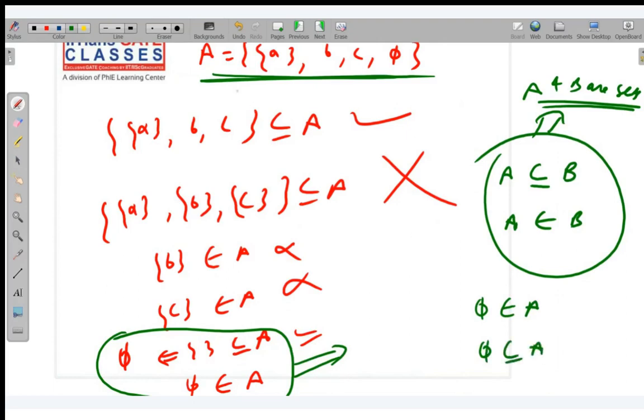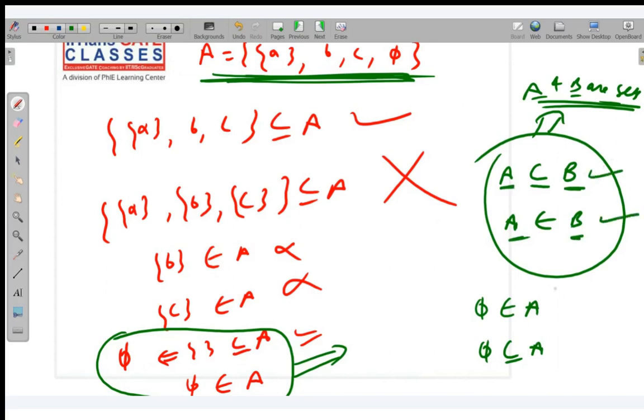See this. I have said A and B are sets. I have not said they are non-empty sets. I have said they are sets. No problem. So here 5 belongs to A, and 5 is a subset of A also. That means A is a subset of B and A belongs to B. Both are true. So if A and B are sets, both are possible.